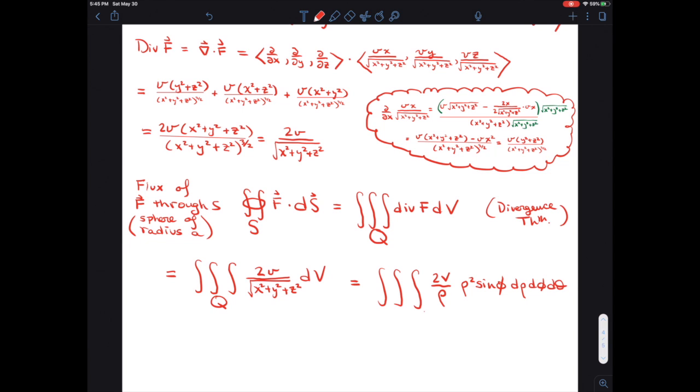Okay, rho goes from 0 to the radius of the sphere, which is a. Phi, sorry, 0 to pi. From North Pole to South Pole is pi radians. And theta all the way around, 0 to 2 pi.